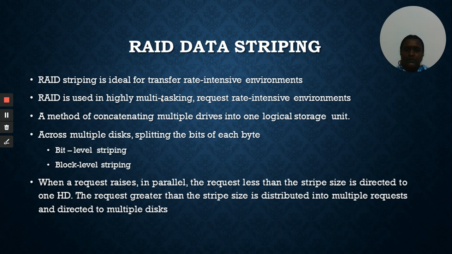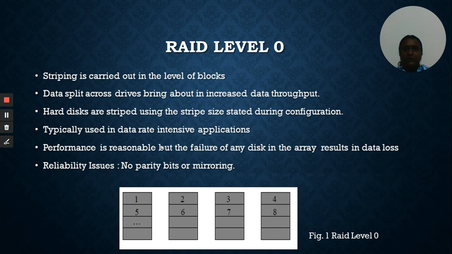At those stages you can make use of a highly multitasking environment based on two levels of striping: one is bit level striping, another is block level striping. When requests are raised in parallel, you can go with bit level and block level striping. The requests are directed to multiple disks where the data striping is available. So we'll see them one by one.